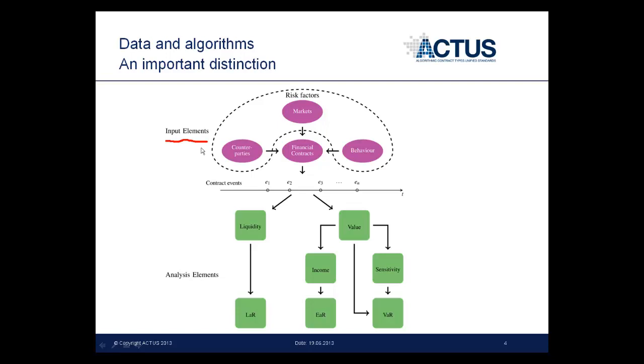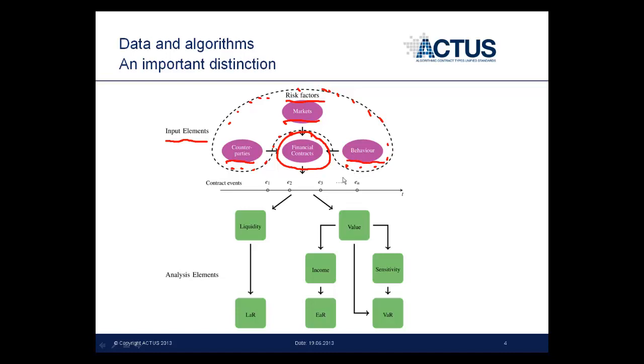In the center of the input elements, we find the financial contract surrounded by the risk factors, which is the whole group here. Which are market conditions, counterparties, and behavior.